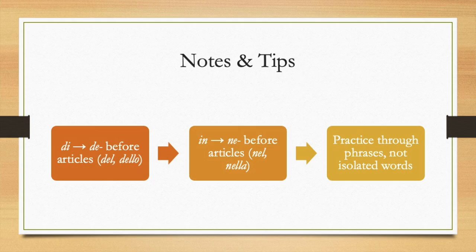So the result will be di plus il, del, di plus lo, dello, and so on. Same thing happens with the preposition in. When you combine in with the articles, in changes to ne. So in plus il will be nel, in plus lo will be nello, and so on.